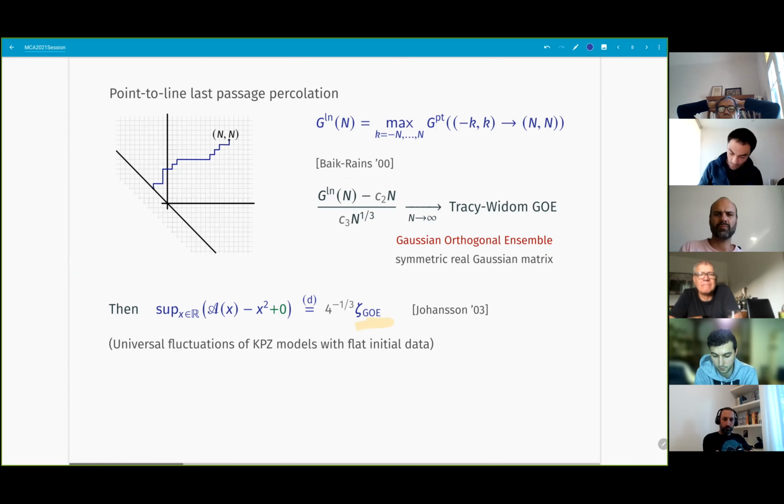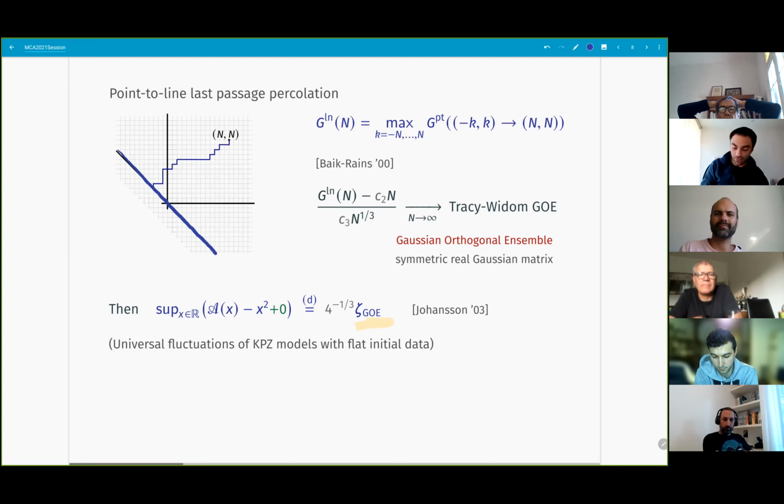So you can think of KPZ models in the context that I'm only going to look at a restricted setting, but essentially what I'm putting here is the initial data for my KPZ model in a certain way, okay?